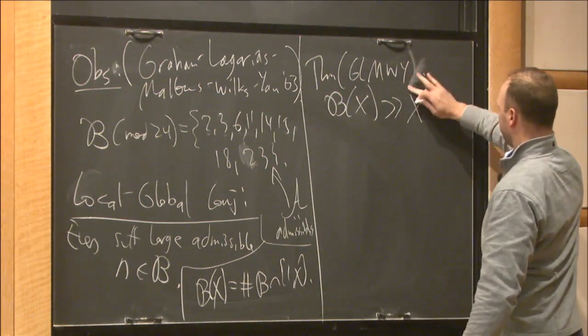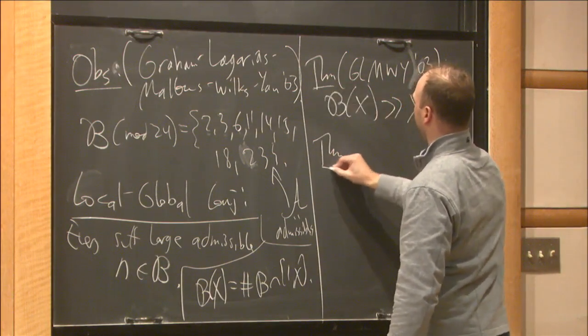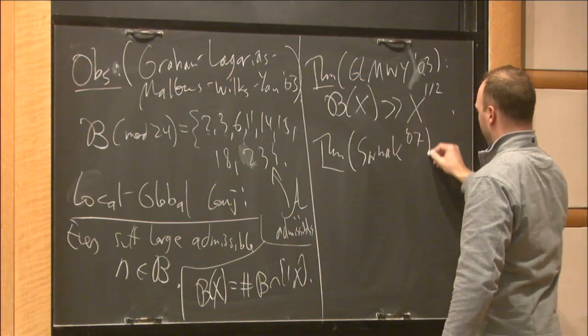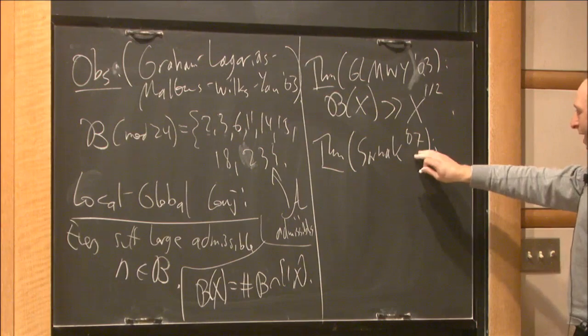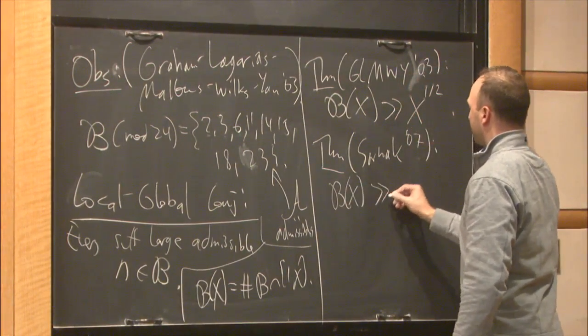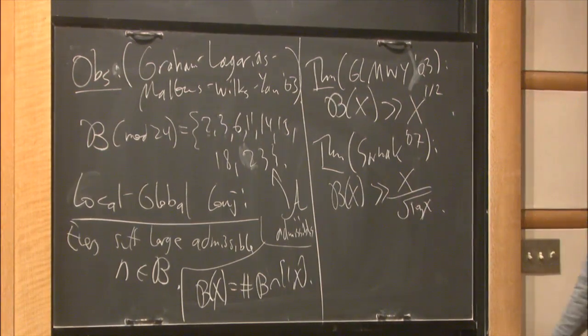This is '03. Then Peter wrote a letter to Lagarias in which he explained, I'm going to come back to this observation several times, how you can get almost a positive proportion, x over root log x of the integers, to be in the set of bends.